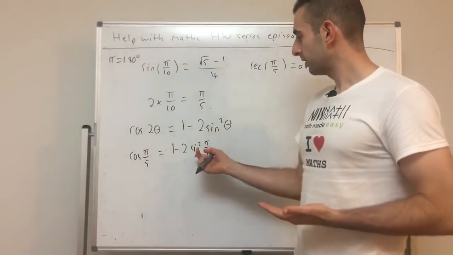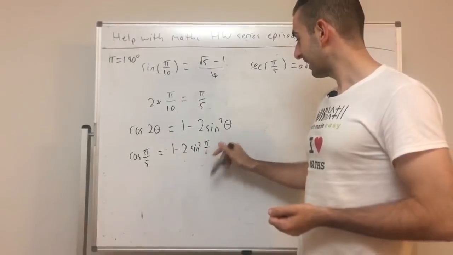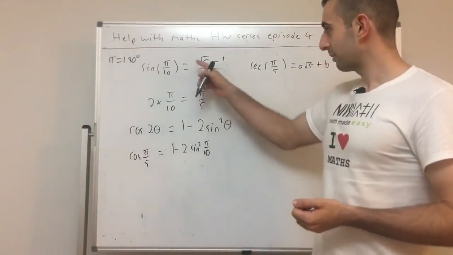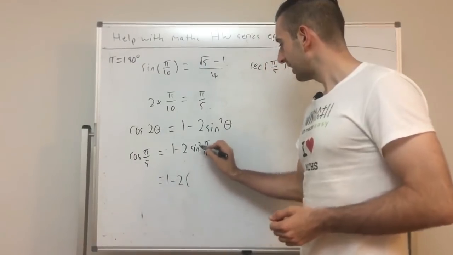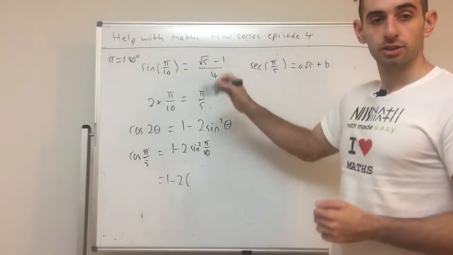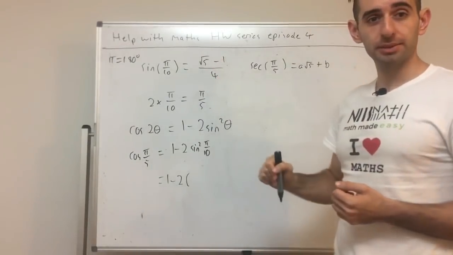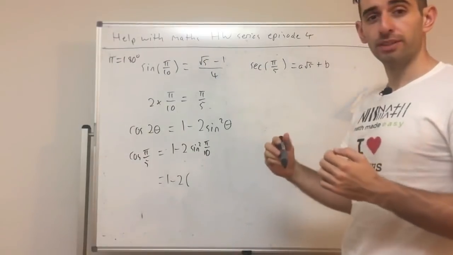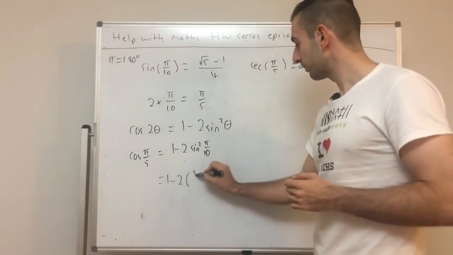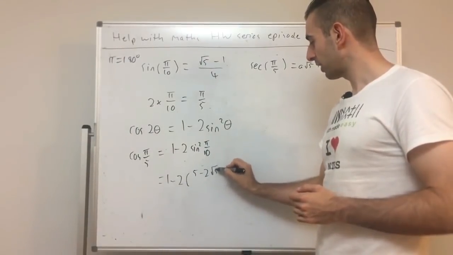So now, all I need to do is sub in sine pi on, whoops, sorry, that's 10. I need to sub in sine pi on 10. So let's do that. Now I need to square that. So I can do that straight away. So to square this, we square top and bottom individually. So to square the top, that's going to be a perfect square. We square the first term, 5. Double their product, minus 2 root 5.